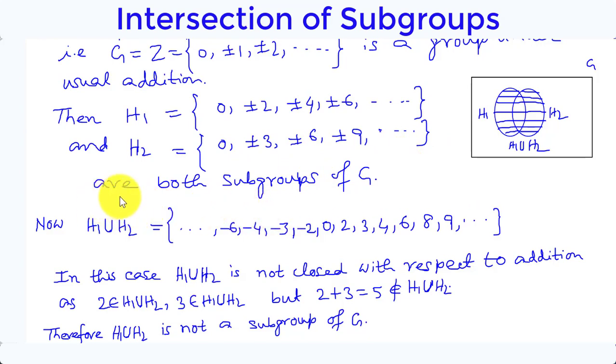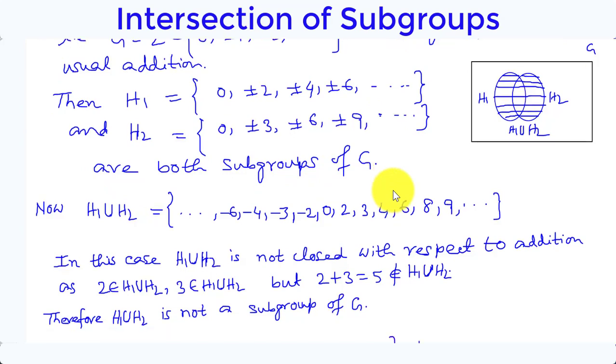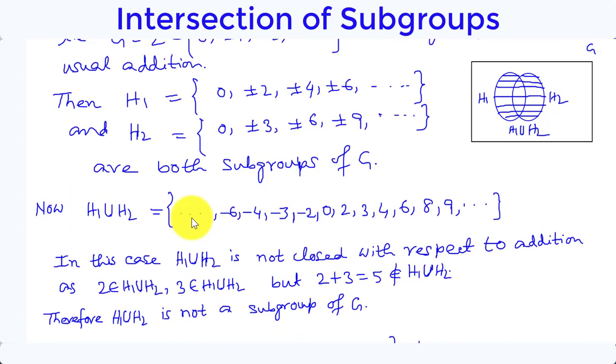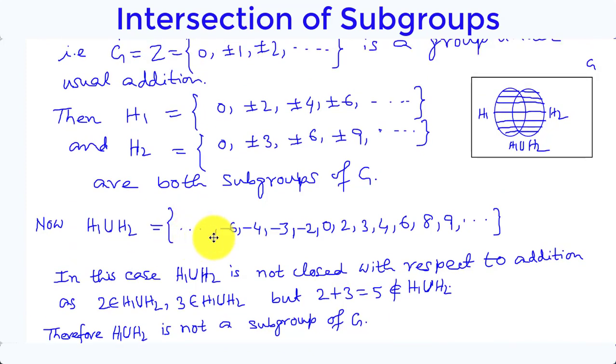Here H1 and H2 both are subgroups of G. Now H1 union H2 is minus infinity to ..., minus 6, minus 4, minus 3, minus 2, 0, 2, 3, 4, 6, 8, 9, up to infinity.